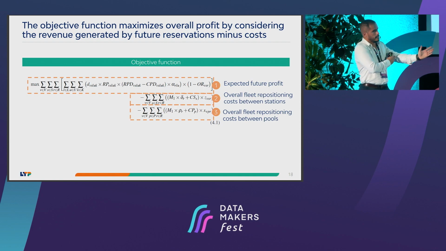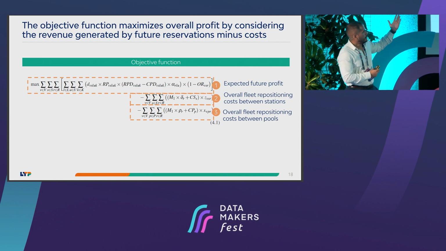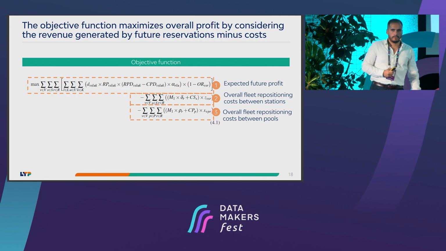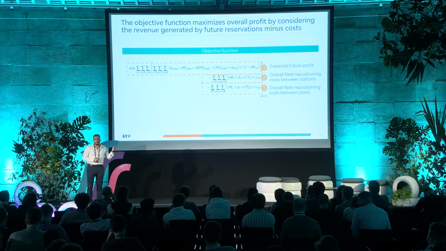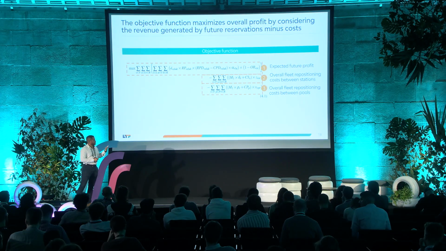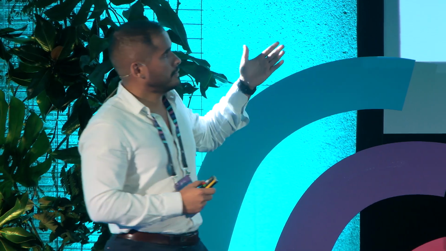First, the objective function: as I said before, our key goal is maximizing the expected profit, taking into consideration not only the operational cost, but also the repositioning cost between pools and between stations. Then we have a lot of constraints, like one price step per vehicle group.